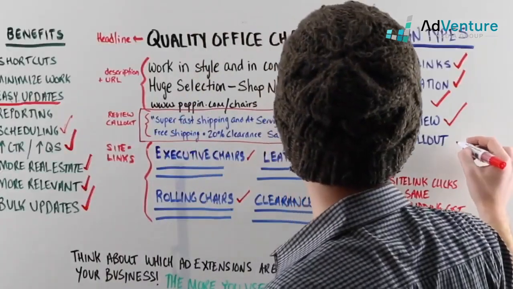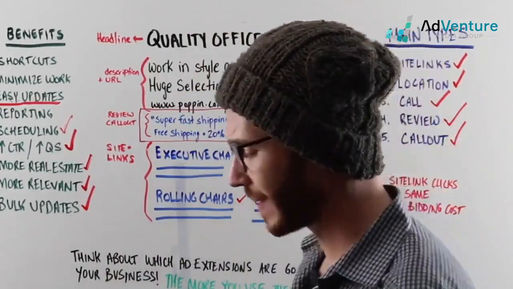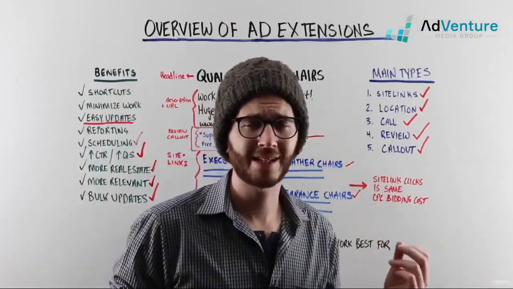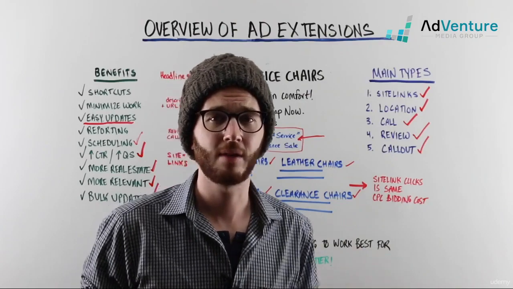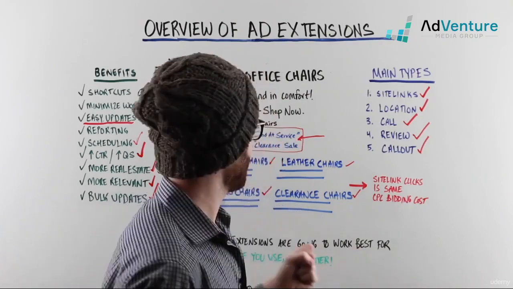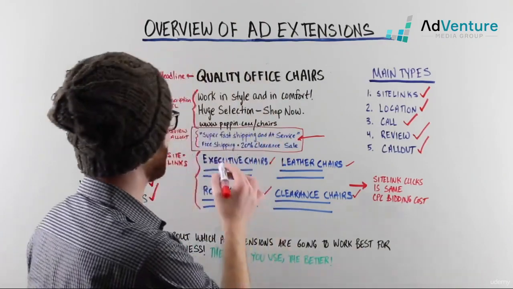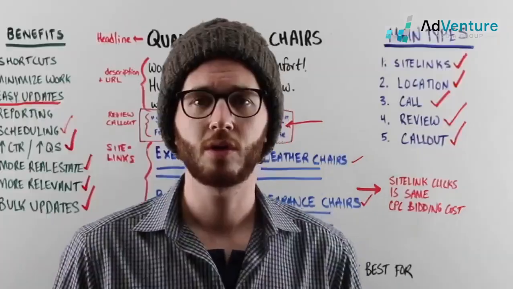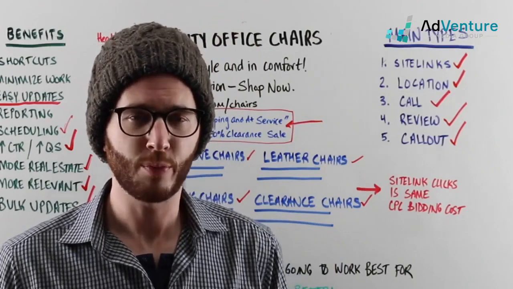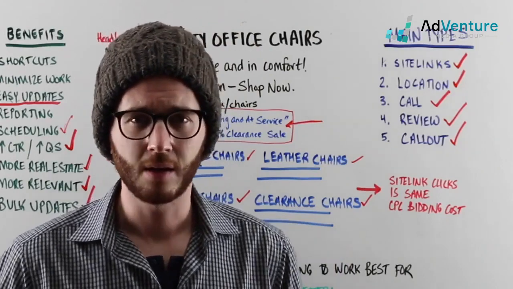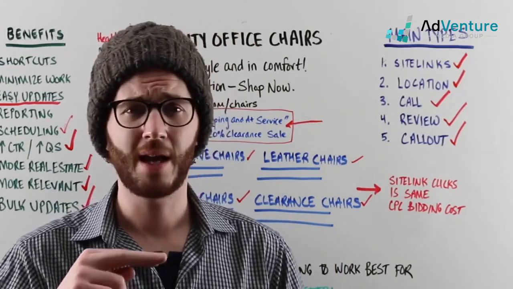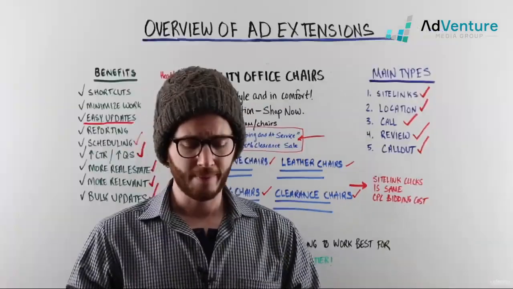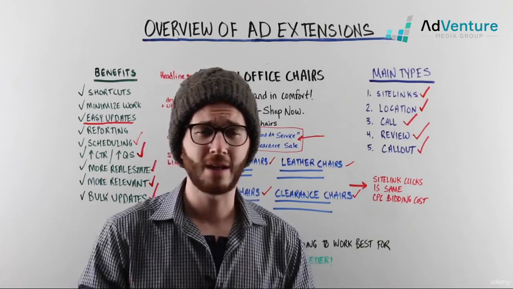Callout extension is one of my favorite types of extensions. It's very flexible because you could create a callout extension at the account level, the campaign level, or the ad group level. And a callout extension, something like this, free shipping, 20% clearance sale, allows you to highlight certain key aspects of your company. So if it's a sale, if it's a feature like free shipping, if it's something about the quality of your products, let's say it's made in the USA.